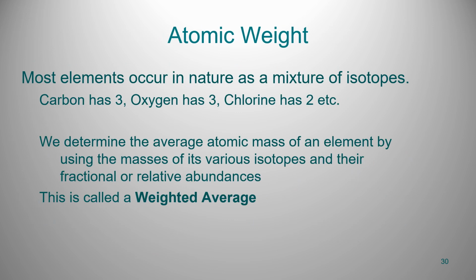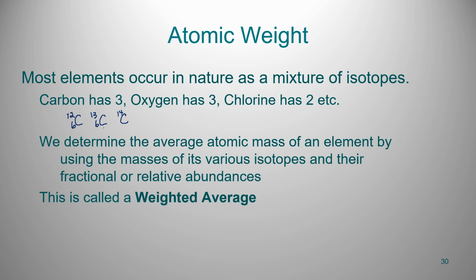Most elements occur as a mixture of isotopes. There's very few of them that only have one isotope. For example, carbon. Carbon has 3 different isotopes. I'll just write them here. Carbon 12, carbon 13, and carbon 14. So if carbon has 6 protons, then carbon 12 has 6 protons and 6 neutrons.